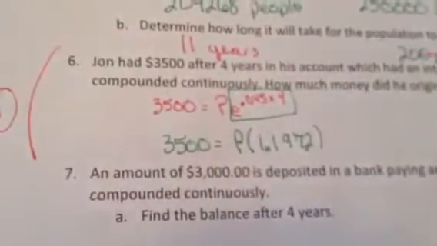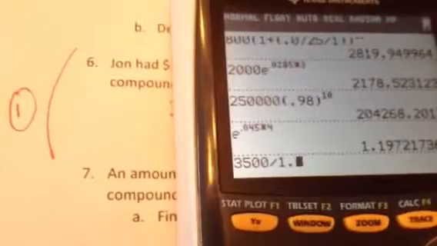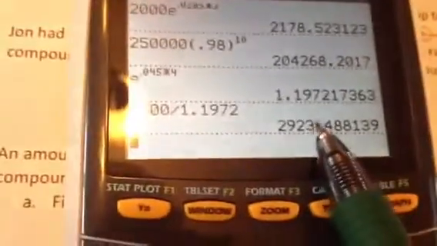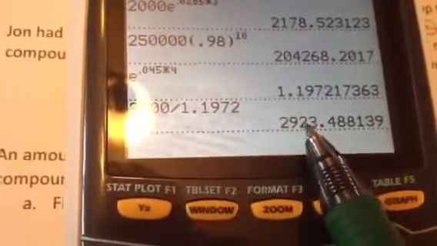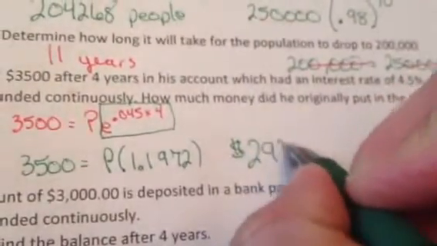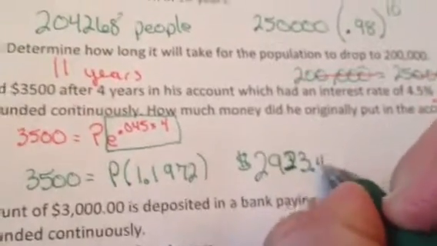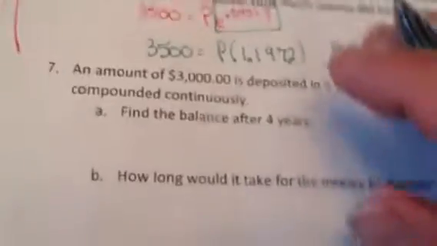So I'm going to take 3,500 and divide it by that 1.1972. And I'm going to get the principal. So he started out with about $2,923.48. Now, how you round might change your answer a little bit. So that's the principal.